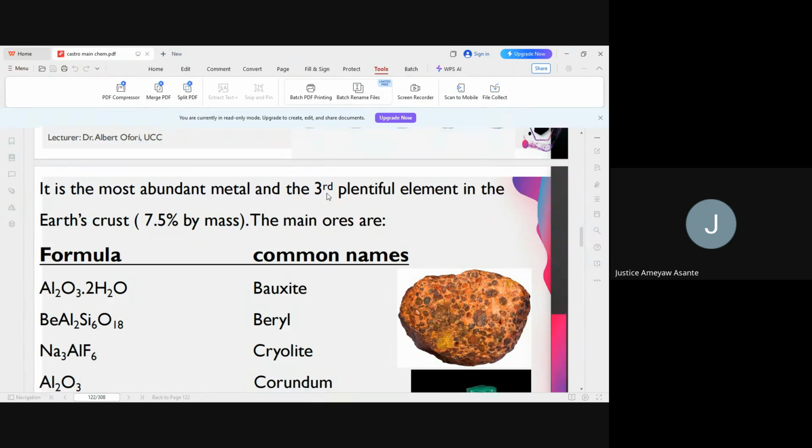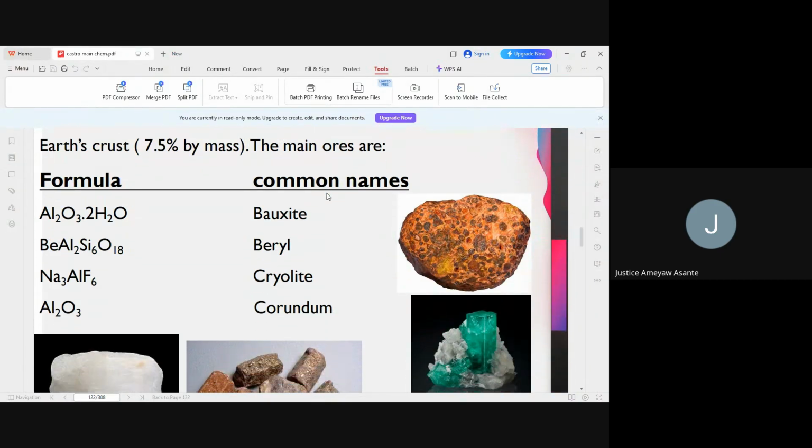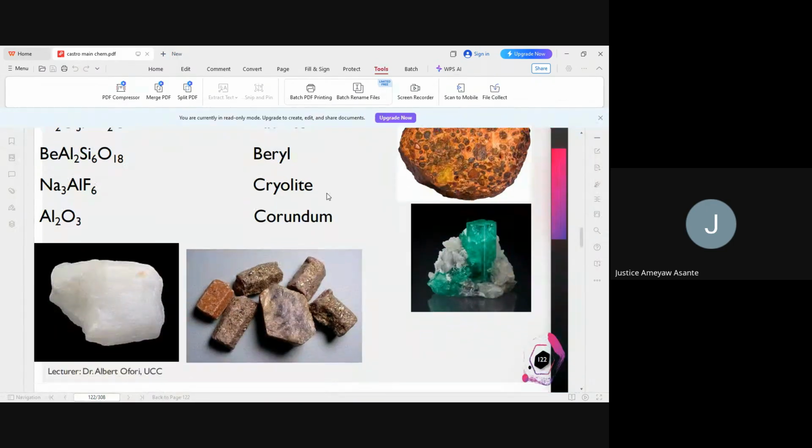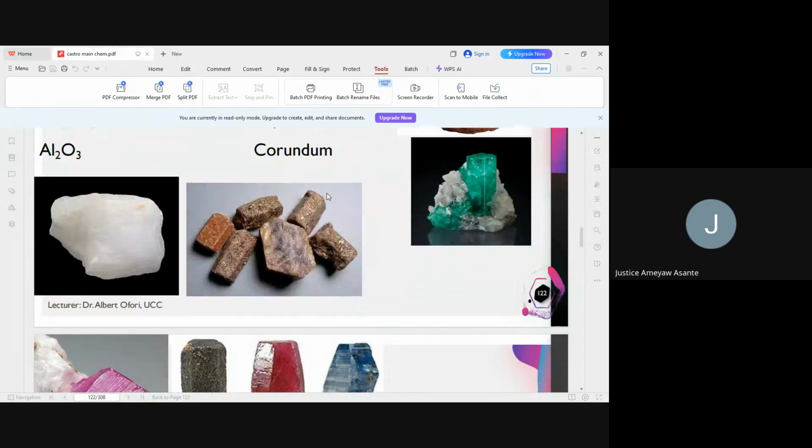What forms does it take? In the form of bauxites, aluminum hydrates. Then we have cryolites, then we have corundum. All these are types of aluminum ores.